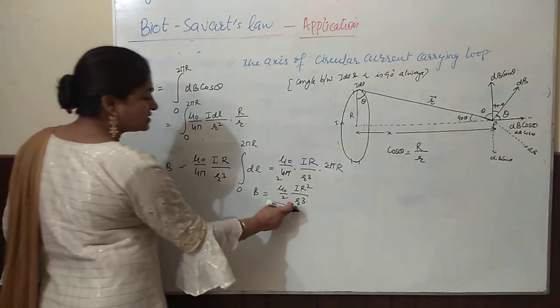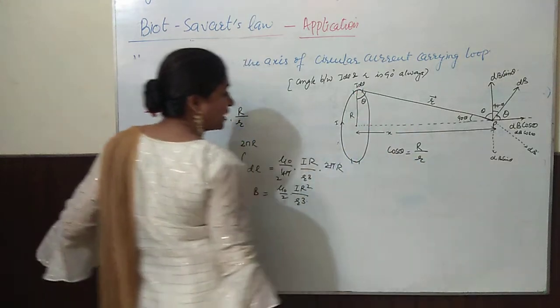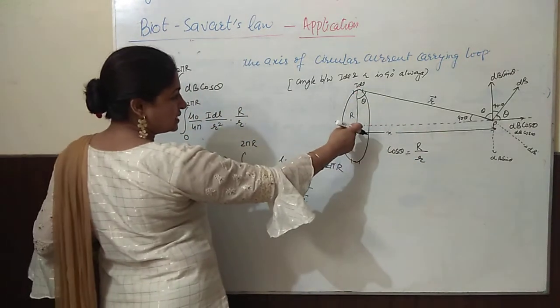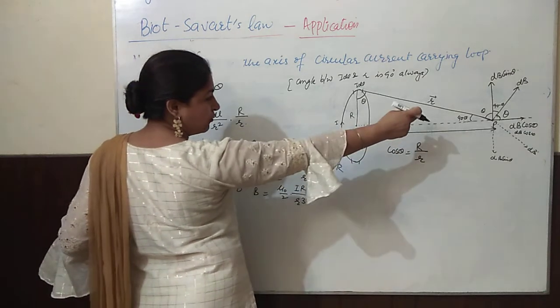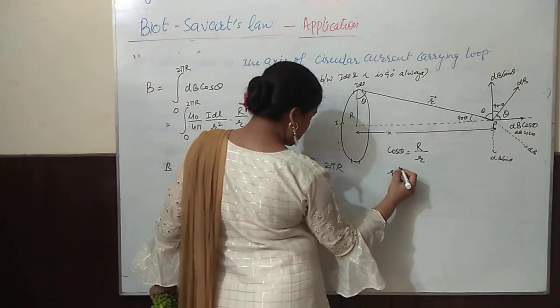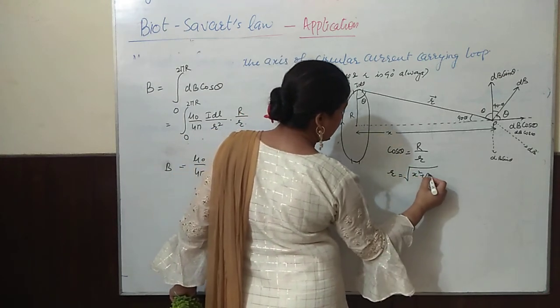Now we can write what r cube is here. Using the Pythagoras theorem, we can write this small r in terms of capital R, that is the radius of the loop, and the distance of the point of observation from the center of the loop. From here we can write r as the square root of x square plus r square.